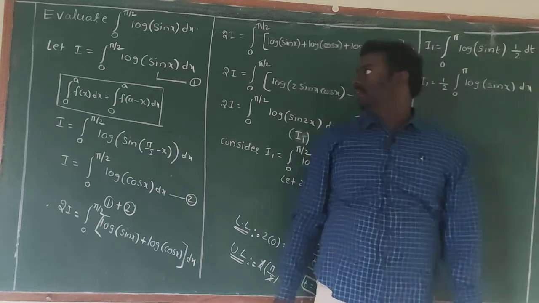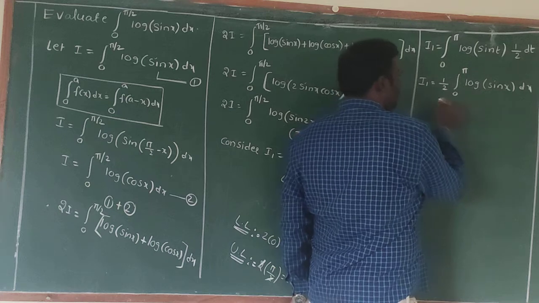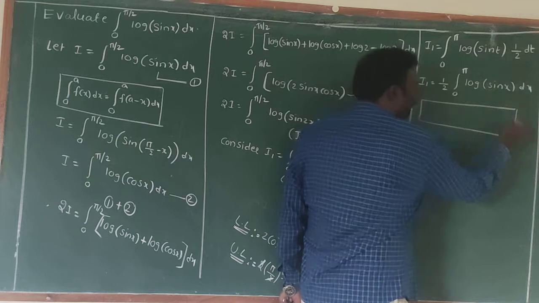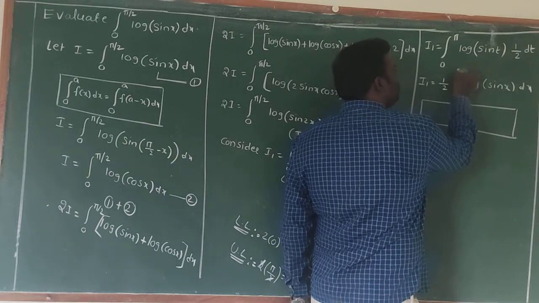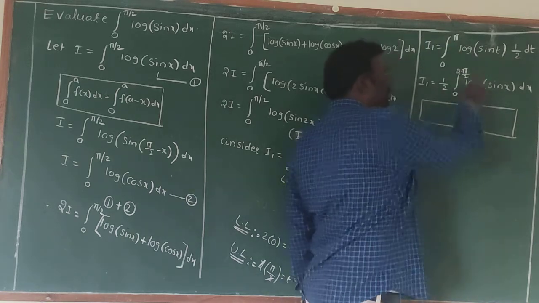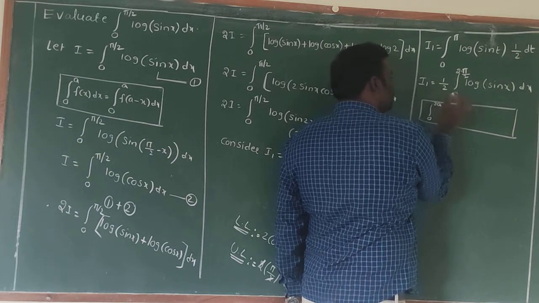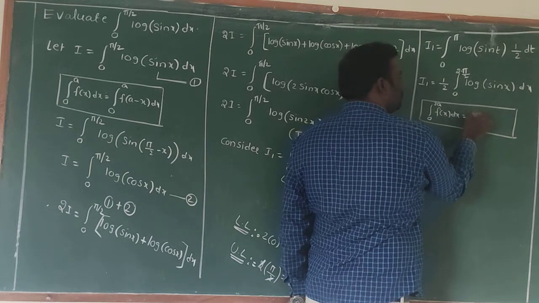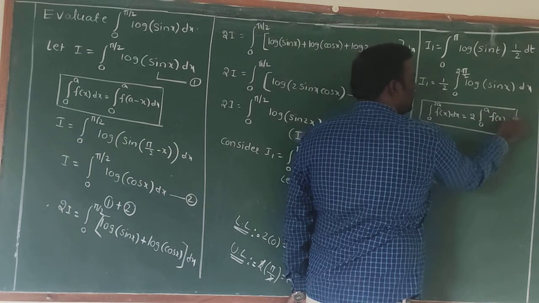Here I have one property. This pi can be written as 2 into pi by 2, because the 2 gets cancelled to give pi. Now what is the property? Integral 0 to 2a of f of x dx is equal to 2 into integral 0 to a of f of x dx.